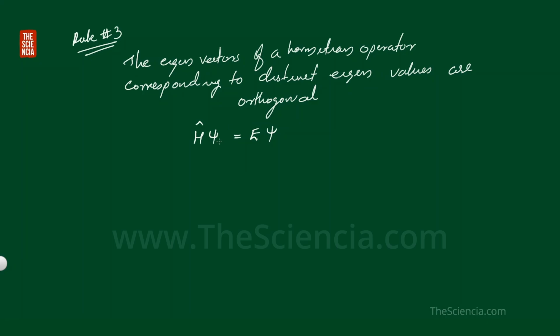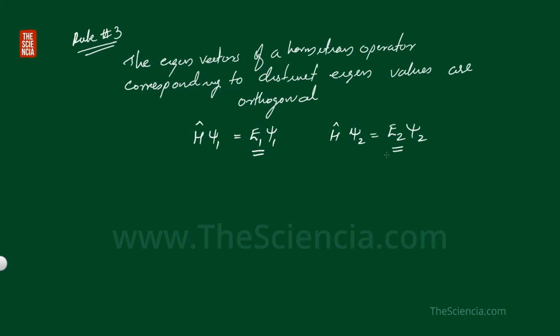Suppose this wave function is psi 1, and when the Hamiltonian operator operates on it, we get energy E1 and wave function psi 1. And this Hamiltonian operator operates on another state psi 2, so we get another energy E2 psi 2. See here, these are energy eigenvalues, because the operator is the energy operator.